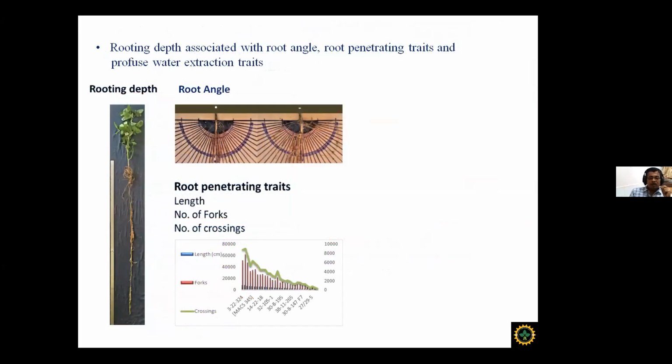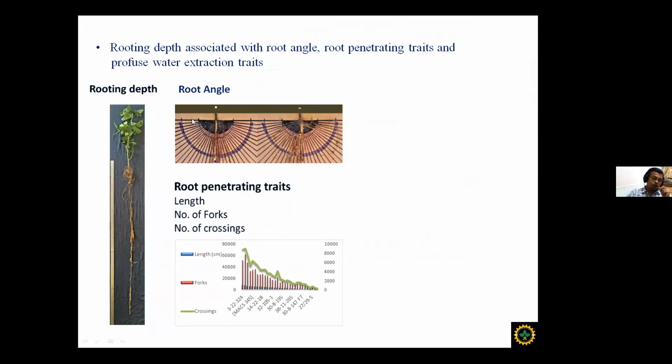You can see here the rooting depth is well associated with root angle, root penetrating trait, and profuse water extraction trait. You can see the rooting depth in soybean is almost from 1 meter to 2 meter, depending on the genotypic variability found in the germplasm collection.